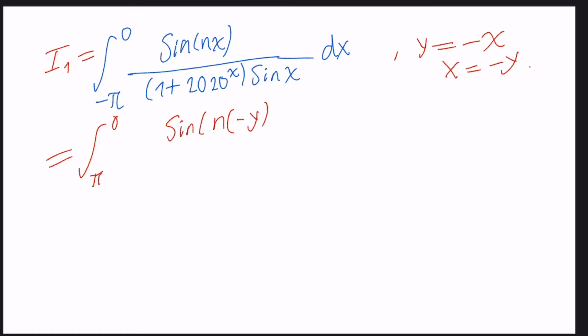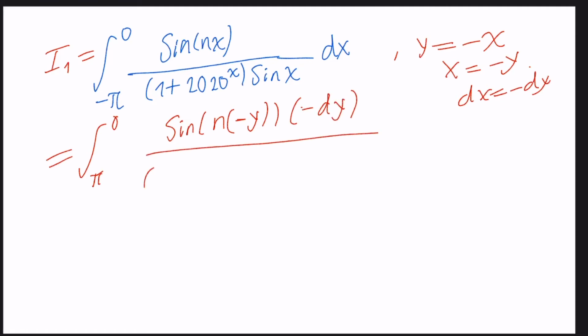So minus y multiplied by dx is equal to minus dy. These are the differentials, and we just replace them here. Minus dy divided by 1 plus 2020 to the minus y multiplied by sine of minus y.